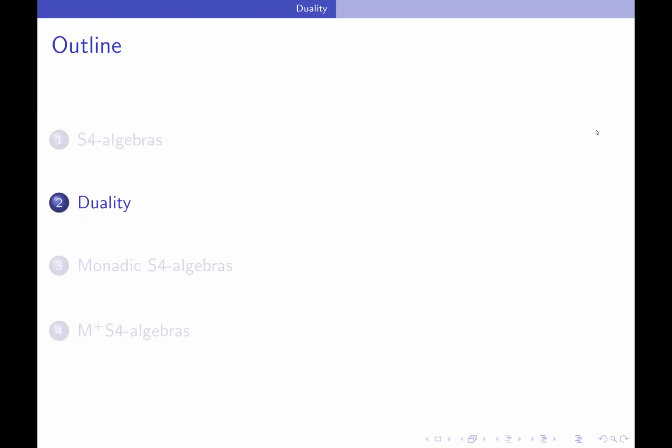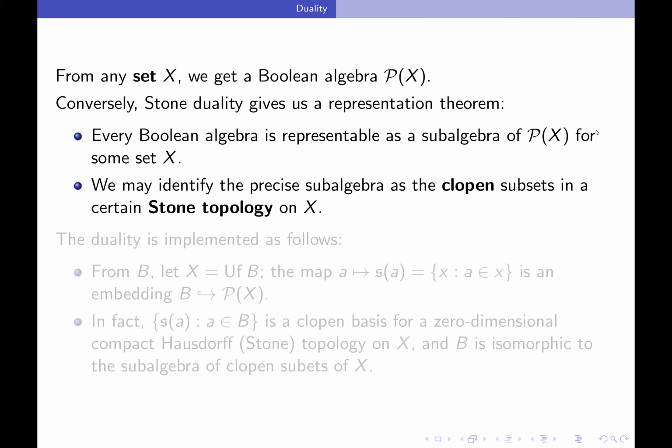So I want to go over Stone duality and then Jónsson-Tarski duality to show how I actually think about these algebras. For that, I want to motivate Stone duality in a particular way. Surprising absolutely no one here, any set gives rise to a Boolean algebra, just by taking the power set. One way to think about Stone duality is that it gives you a representation theorem in the converse direction.